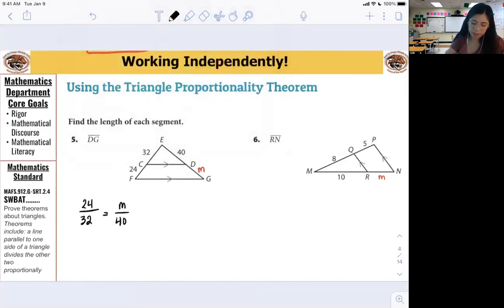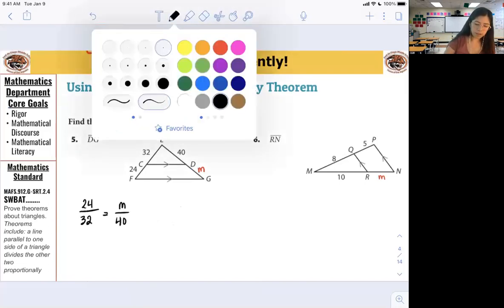Exactly. Now you could have done it the opposite way. You could have done 32 over 24 equals 40 over M. So whether you did it short over long or long over short, both ways will work perfectly. I'm just going to do it the way Perla said it. And let's see what we get.